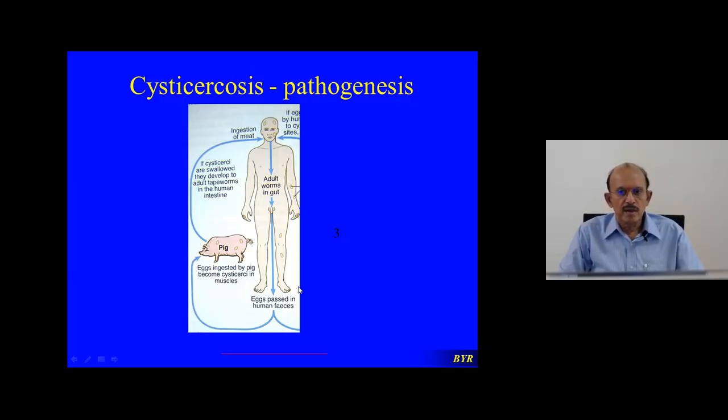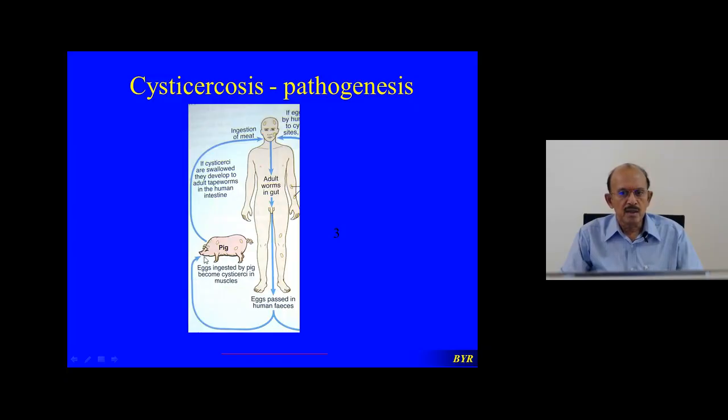Okay. Next is cysticercosis. It is due to Taenia solium, the tapeworm. The adult tapeworm lives in the gut. The eggs are passed in the human feces.